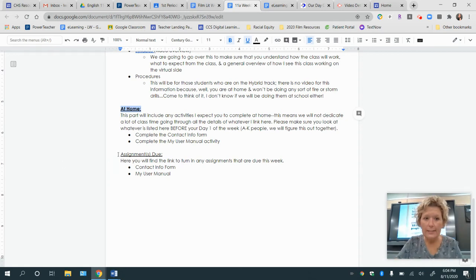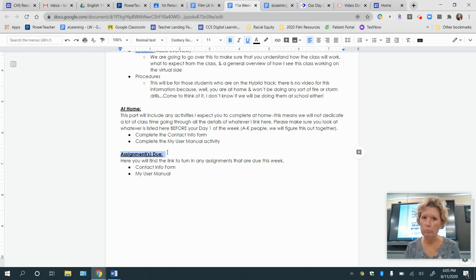And then finally, at the bottom, the last section each week is the assignment or assignments due. And that's where you're going to find the link to your Google page that will help you to get assignments turned in. Okay, so if there are questions on this, jot them down right now, shoot me an email, and I will do my best to get that answered.